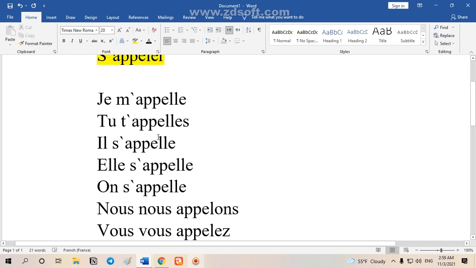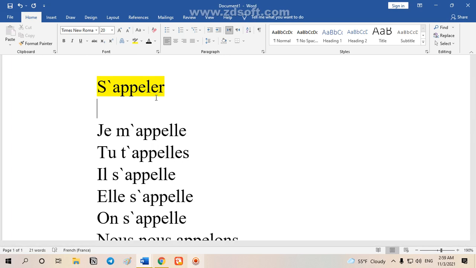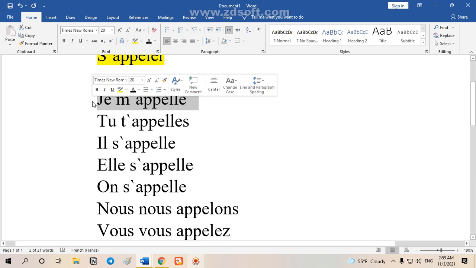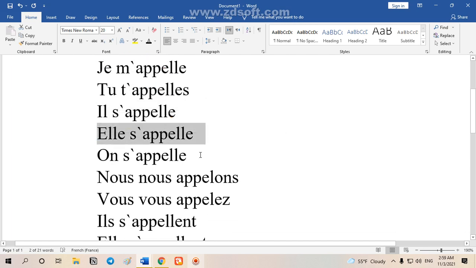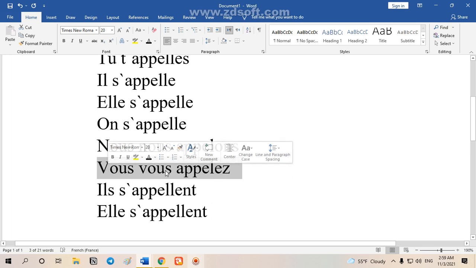Okay, again. This is the infinitive form. S'appeler means to be called or to be named. Je m'appelle, I am called. Tu t'appelles, you are called or you are named. Il s'appelle, elle s'appelle, on s'appelle, nous nous appelons, vous vous appelez.